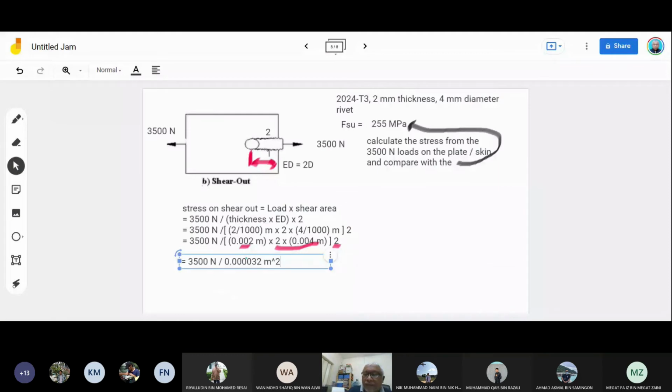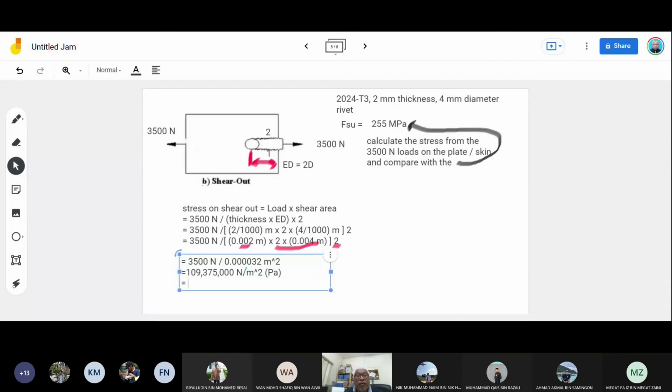So what do you get? 3,500 divided by 0.00032, you got 109,375,000 Newton per meter square, which is Pascal.